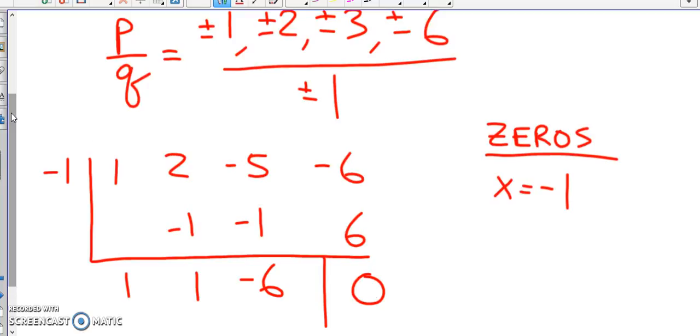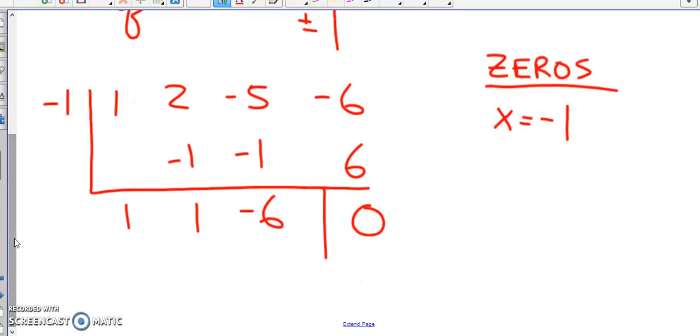But if you notice, what does this mean right here? Plus x minus 6. That's quadratic. I ought to be able to factor that, right?